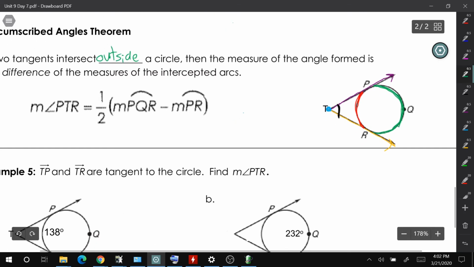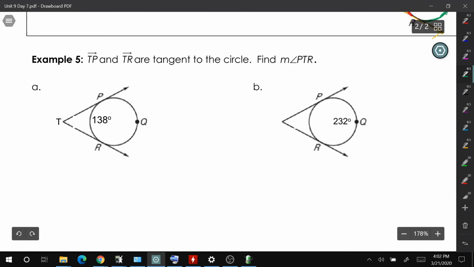So let's look at some examples. We don't have very many of these. So a whole circle is 360 degrees. So if this arc right here is 138, that means the other arc has got to be 360 minus 138, which is 222. So this arc is 222. So then the measure of angle T is going to be 1/2 times 222 minus 138.